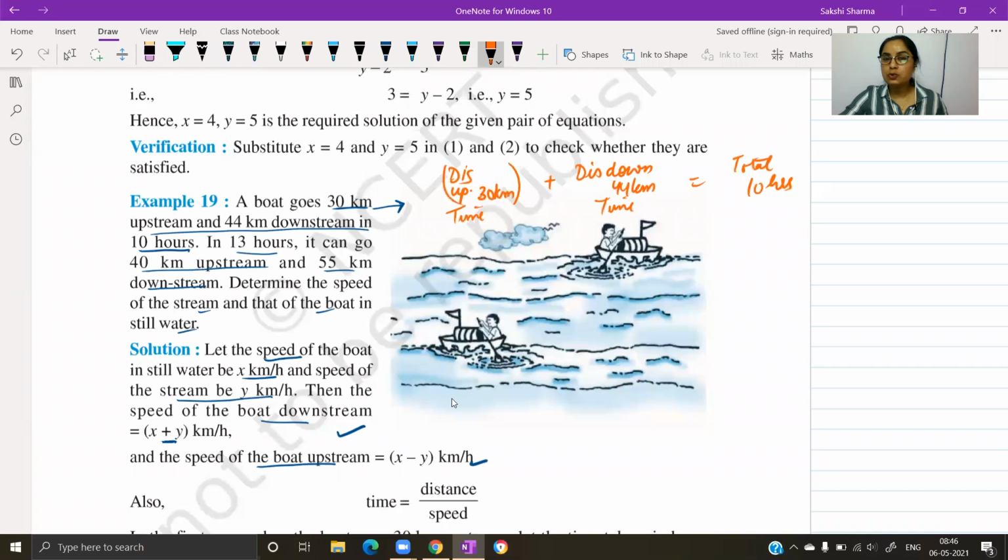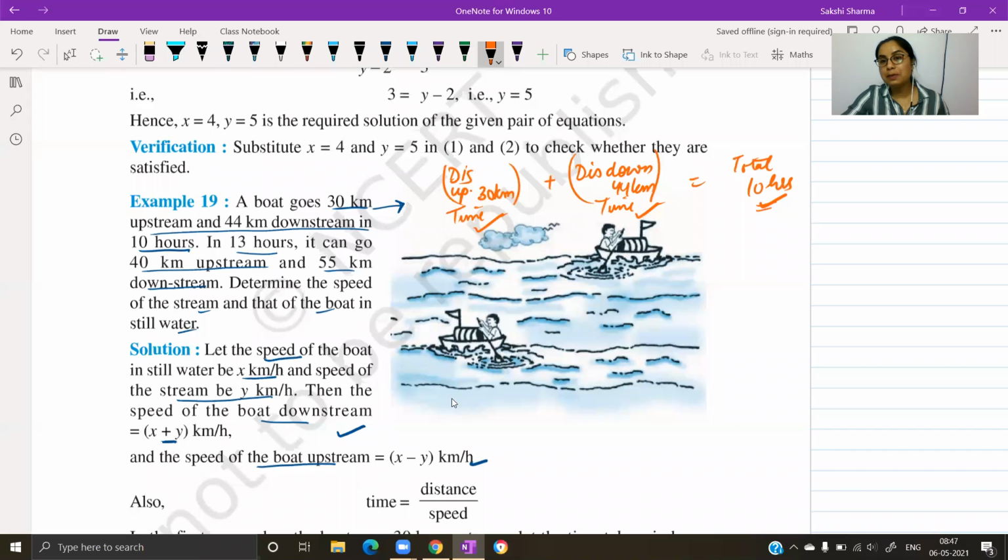Time taken to travel 30 kilometers upstream plus the time taken to travel 44 kilometers downstream totals up to 10 hours. So in such a scenario, you have to make the equation with the help of time. The time taken to cover 30 kilometers upstream plus the time taken to cover 44 kilometers downstream equals 10.